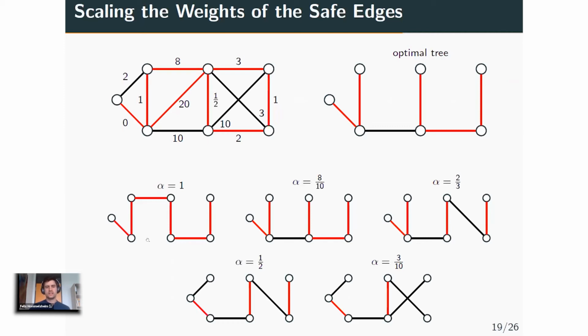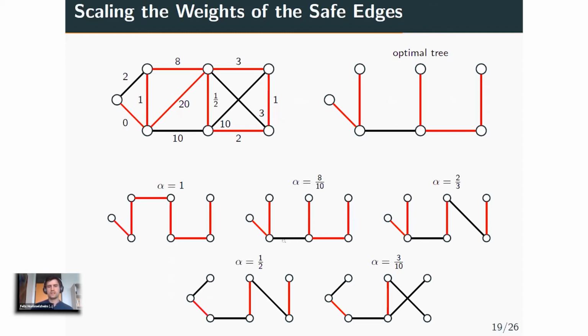You can also see that there's some kind of threshold behavior for the safe edges. For example, consider this safe edge in this alpha MST. You can see this edge is contained in this alpha MST, and then it has to be contained in all the alpha MSTs for smaller alpha, because we only make this edge cheaper. This is also due to the fact that we have matroid properties.